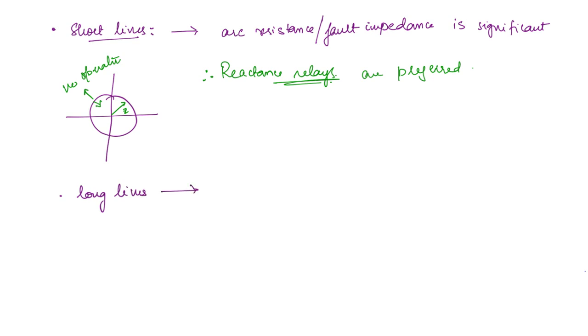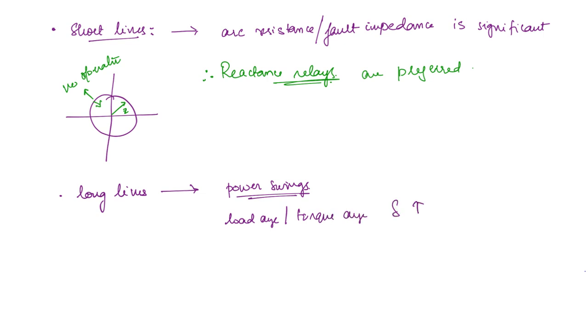So why is that? There are going to be power swings in the case of long lines. If you remember, in stability we discussed that if there is a sudden change in the mechanical or the electromagnetic powers, there is going to be a non-zero accelerating power. When there is acceleration, what will happen to the load angle? The load angle or the torque angle is going to increase.